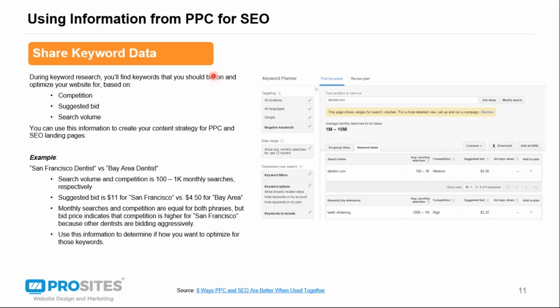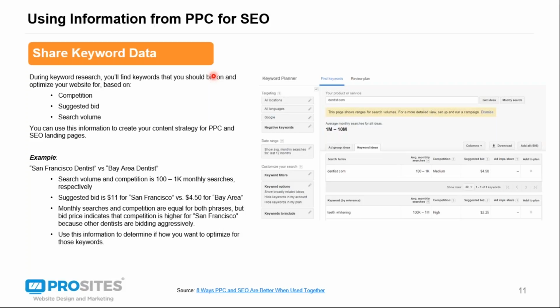However, the suggested bid is $11 for San Francisco versus $4.50 for Bay Area. While both the monthly searches and competition appear to be equal for each of the phrases, the difference in suggested bid suggests that dentists see more value in the one with the higher bid and are therefore bidding more aggressively, which is driving the bid up.